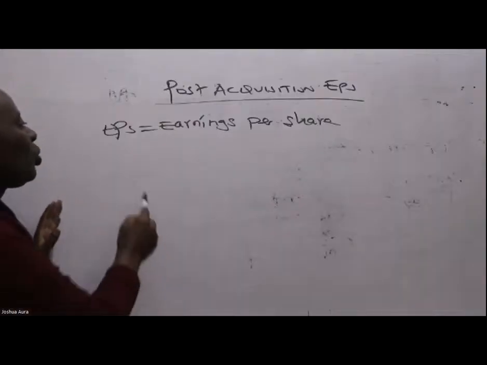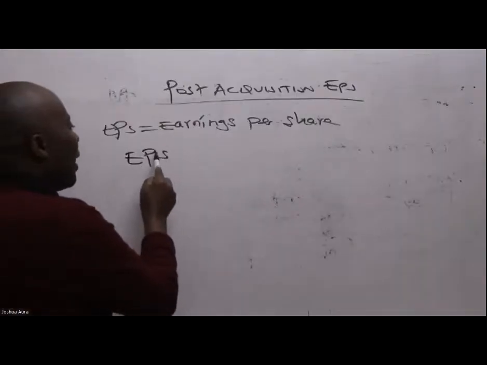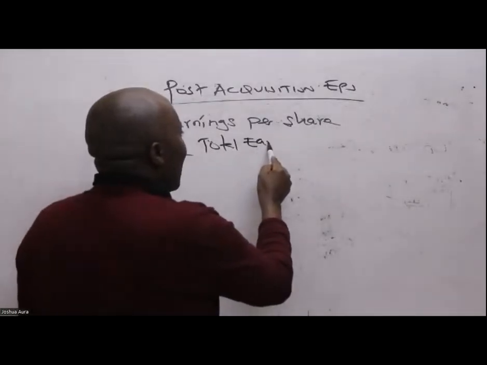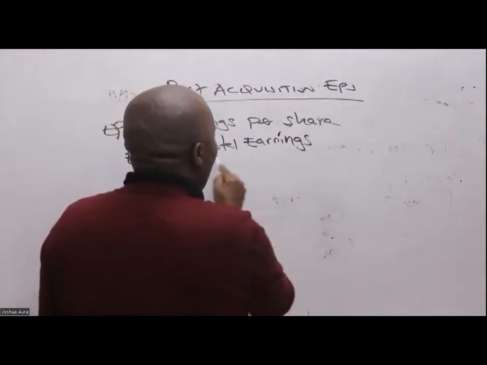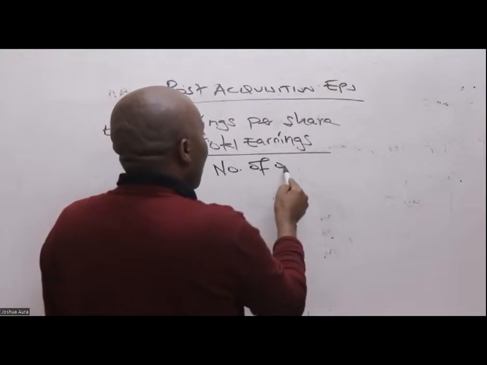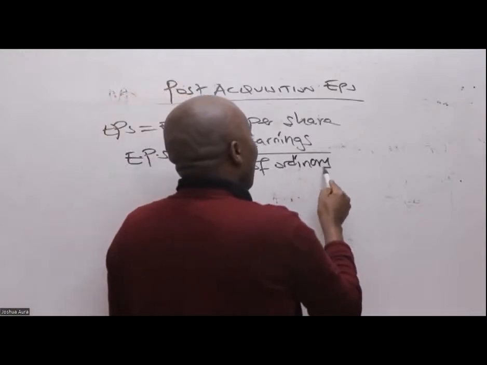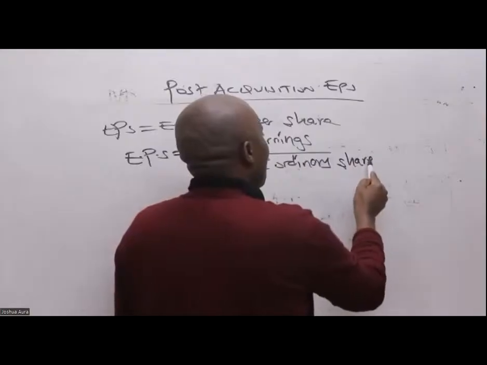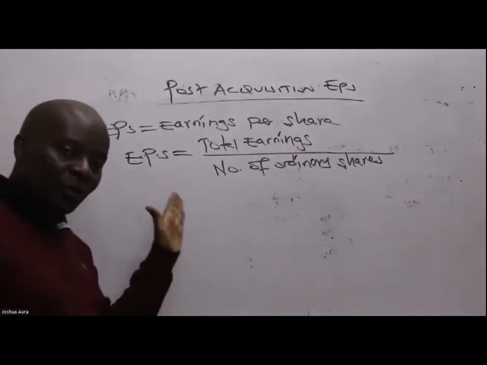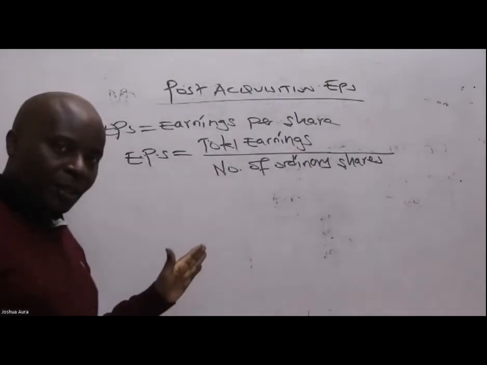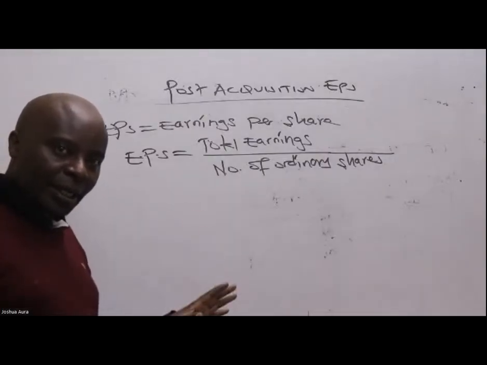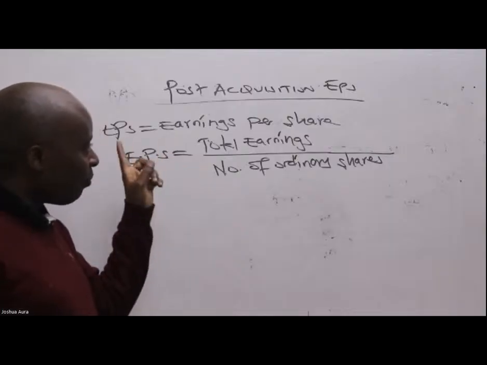And for us to be able to get earnings per share, we normally take the total earnings of the firm all over number of ordinary shares. This is so important as we begin. Today's session is zeroing in on this thing.